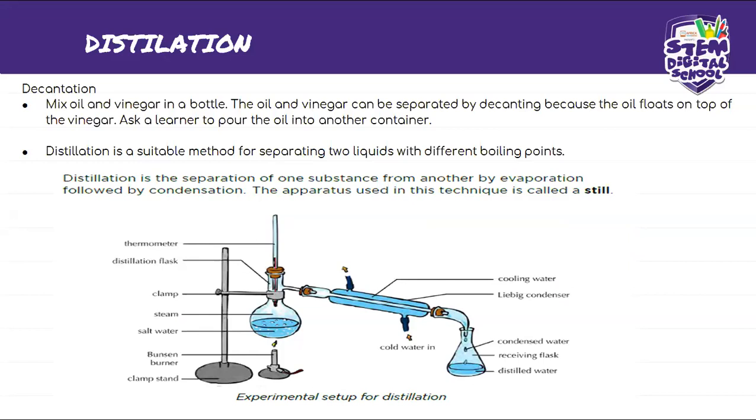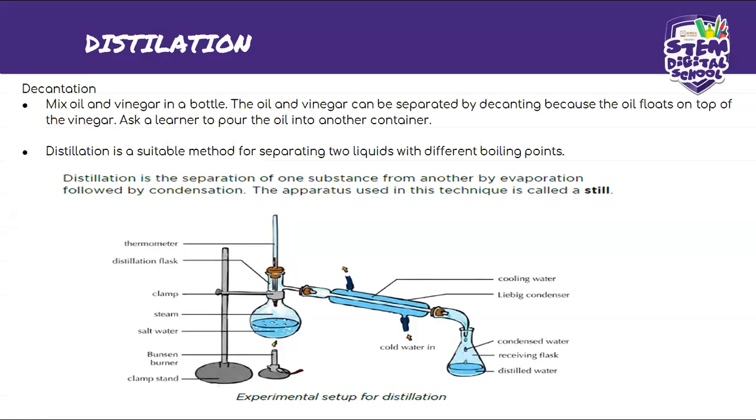So the apparatus used in this technique is called a still. Now, if you look at this experimental setup for distillation, we have the clamp stand, the Bunsen burner, the conical flask, the round bottom flask, the distillation flask, a thermometer, a Liebig condenser, the cooler, inlet and outlet, then the receiving flask.